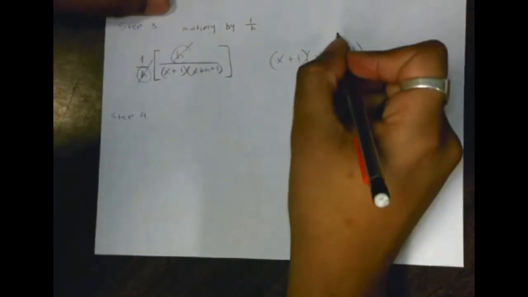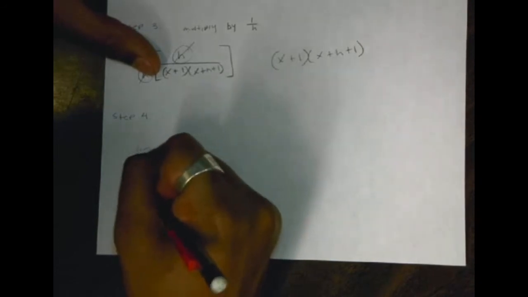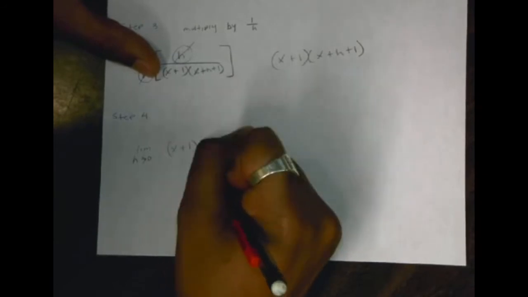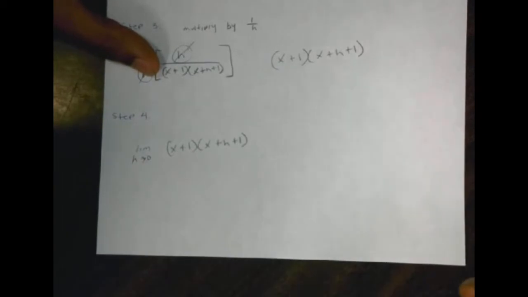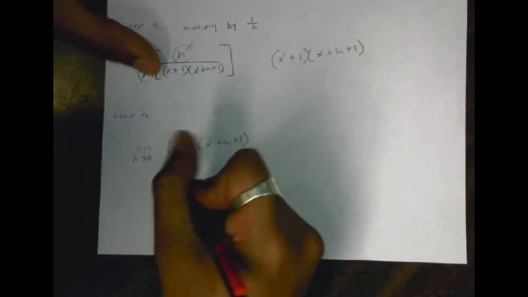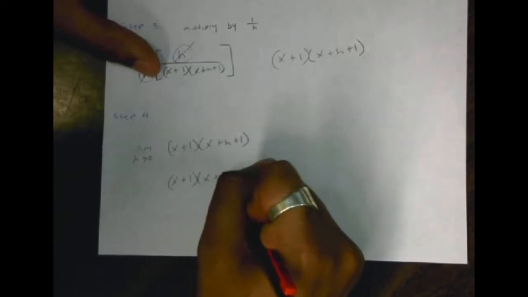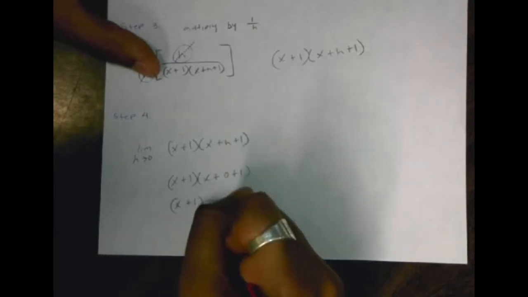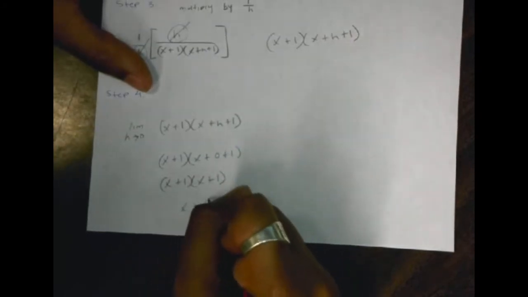Now, step 4 of the process says to apply the limit. So now we do the limit as h approaches 0 of 1 over x plus 1 times x plus h plus 1. I plug 0 in, and I get x plus 1 times x plus 0 plus 1, which is just x plus 1 times x plus 1, and this simplifies to x plus 1 squared.